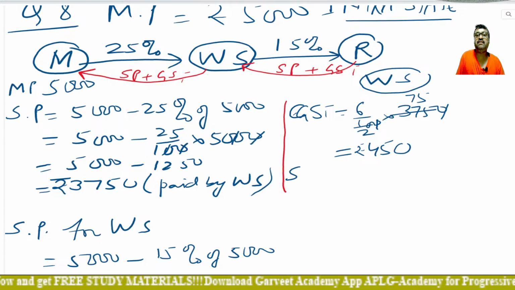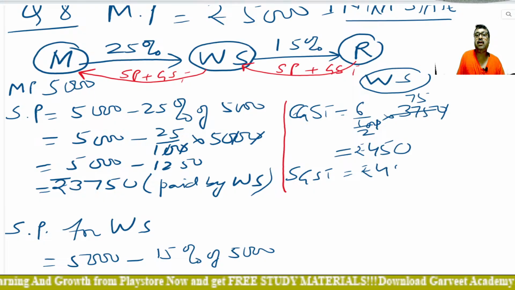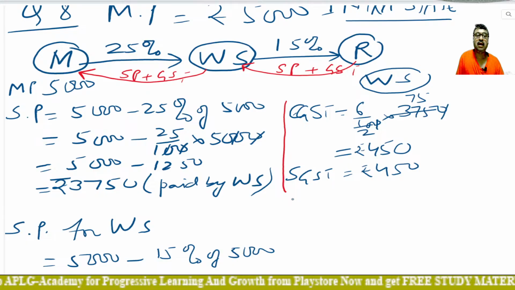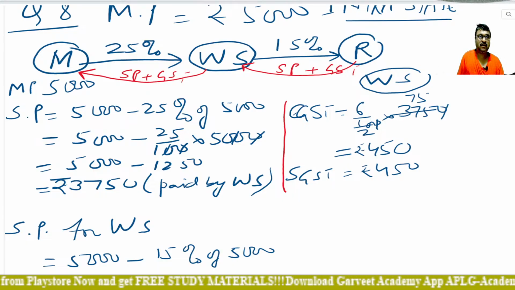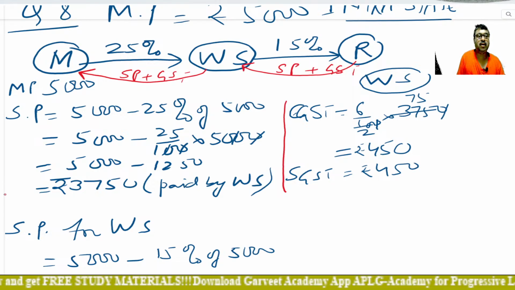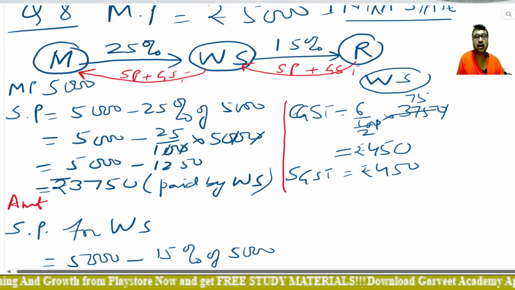And the same will be the SGST. SGST will also be 450. So the wholesaler will pay the amount. Let's write it here itself. I'm writing it here. Amount paid by... how much? What is the mistake?